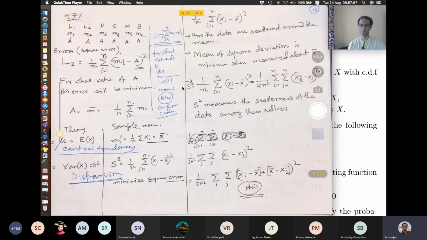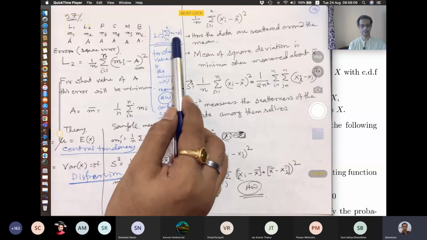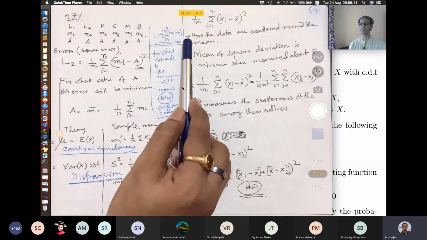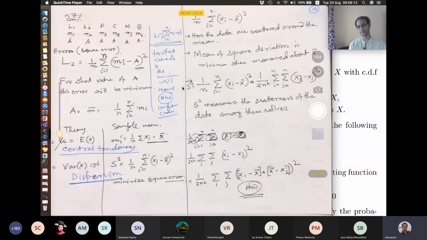Your observations are important. Take any few numbers, 5, 10, 15, and write a code which will minimize the expression 1 upon n sum over the absolute value of xi minus b, and let me know what you think. We will talk more about the moments next week.